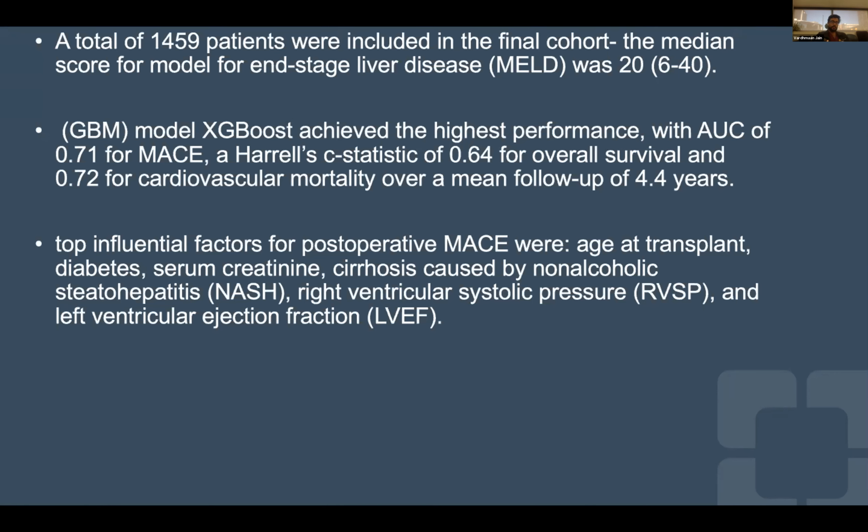And come to think of it, those are the things we think of when we see a liver failure patient. We look at, is his RV okay? Will he be able to tolerate a big afterload or anesthesia? Is he obese? Is he diabetic? Does he have good renal function? Even though the model does not know how a clinician thinks, that's what it picked up, reinforcing our thought process.